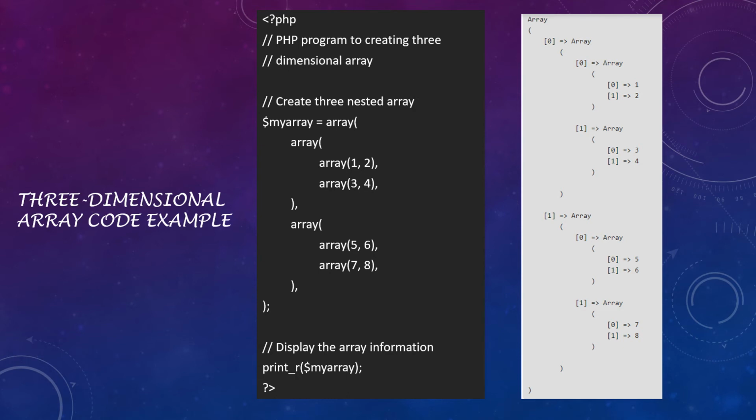So to display the information, you do the print myArray, and you have an output of the first array, 0, has the array in it with 1 and 2, and it also has the array in it with 3 and 4. And then array 1 has the array with 5 and 6, and then 7 and 8. So each time it gets layered that little bit deeper.